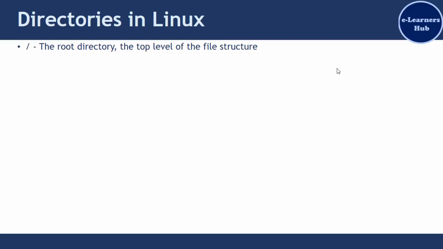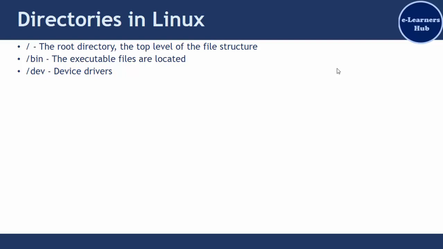Root is the topmost level of the file structure, and within root there are various directories that play a very important role in managing the crucial data of the operating system. The first directory we see is the bin directory that holds all the executable files. They are also called binary files, hence it is named the bin directory.